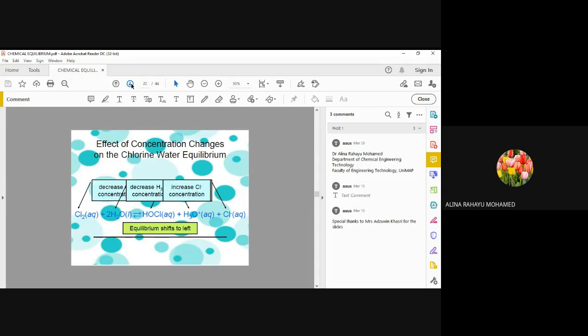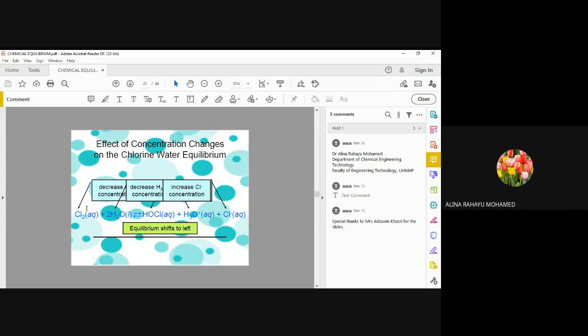Effect of concentration change on the chlorine water equilibrium. We have this reaction: Cl2, chlorine, plus 2 moles of water, to form HOCl aqueous plus H3O+ plus Cl- aqueous.